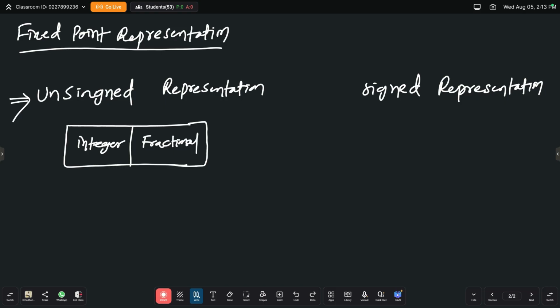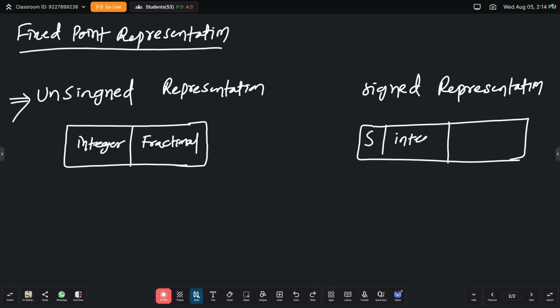What is the extra in the signed representation? Tell me, anyone? The extra is the sign. 1 bit we are going to allot. 1 bit or more than 1 bit? 1 bit. What is the representation? 0 for positive, 1 for negative. You know this, right? So this is the sign bit, and before the decimal point is the integer. Are you following? These are the two representations.